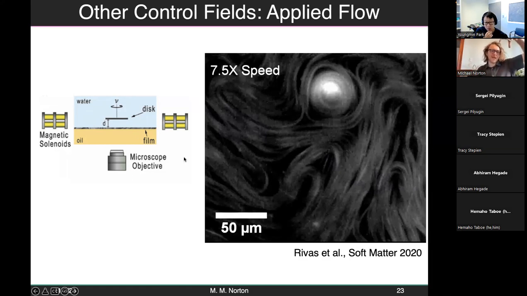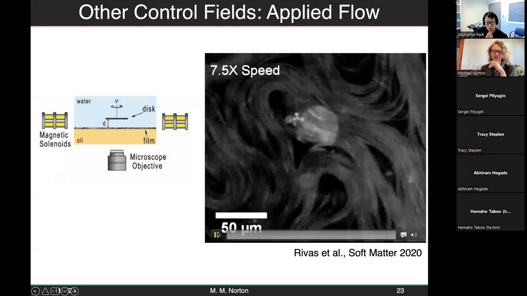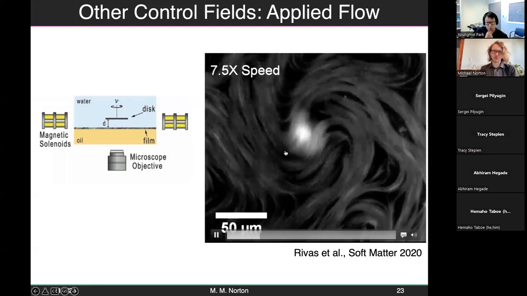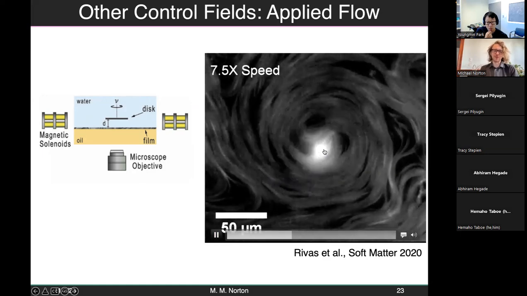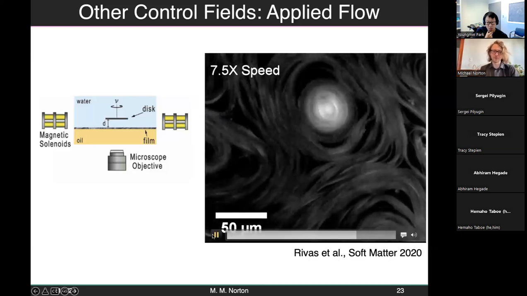They've suspended a magnetic disk above this nematic layer that they're rotating with a magnetic field, spinning it up to very high speeds. That flow field then influences the rotation of the microtubules and eventually creates these vortices around where the disk is. The disk is the bright spot that you're seeing. And you can see that once it starts spinning, you get the microtubules entrained into that flow.